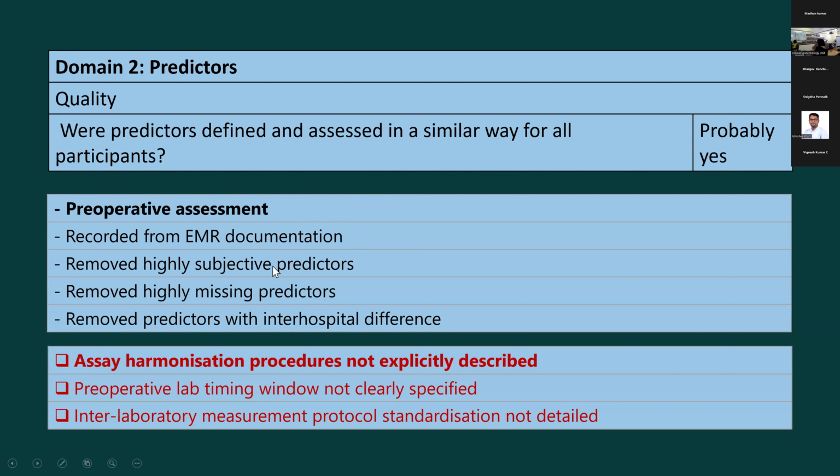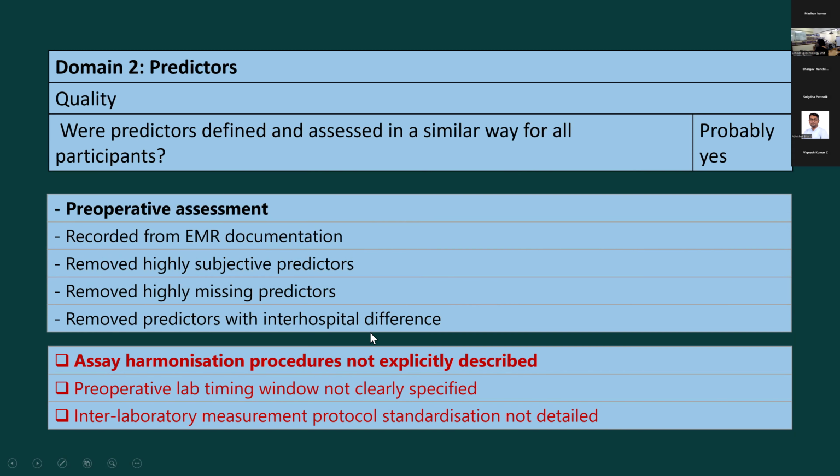And before deciding which predictors to include and not include, they extracted all the predictors and removed the highly subjective predictors, the highly missing predictors, and predictors with inter-hospital differences. One of the predictors they said they removed was troponin I. And the subjective ones they mentioned were central venous catheterization assessment and arterial catheterization assessment.